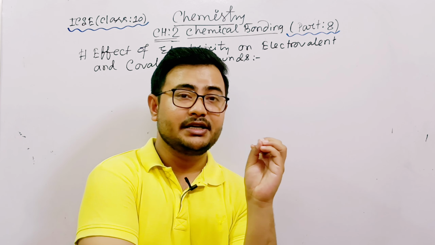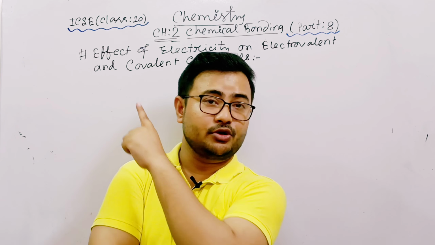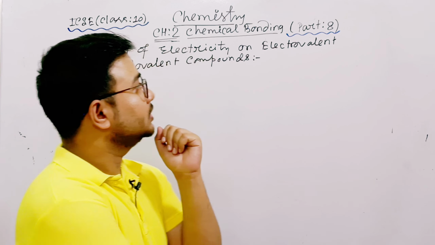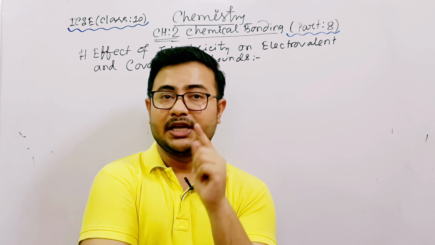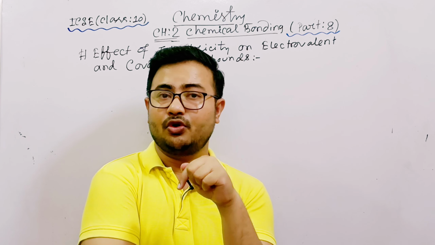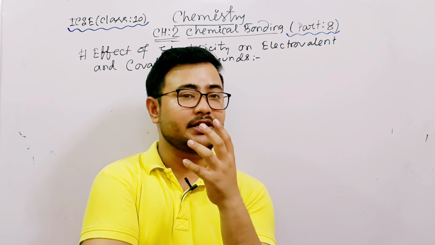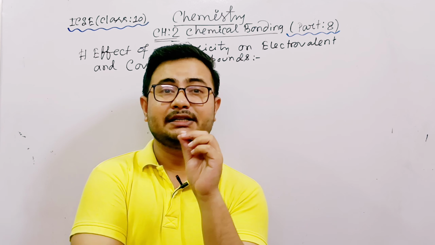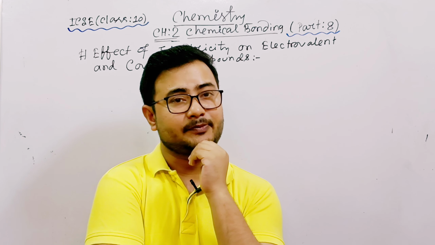If you just read your textbook or any notes, it is not good for your board ICSE class 10. So what is the main way to get 80 out of 80? The main motto of this YouTube channel is to provide all the common questions as well as crystal clear concepts based on the ICSE syllabus.